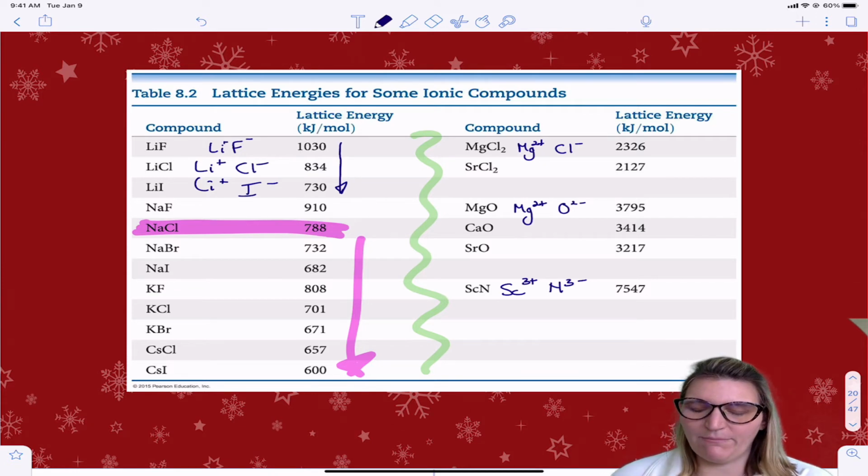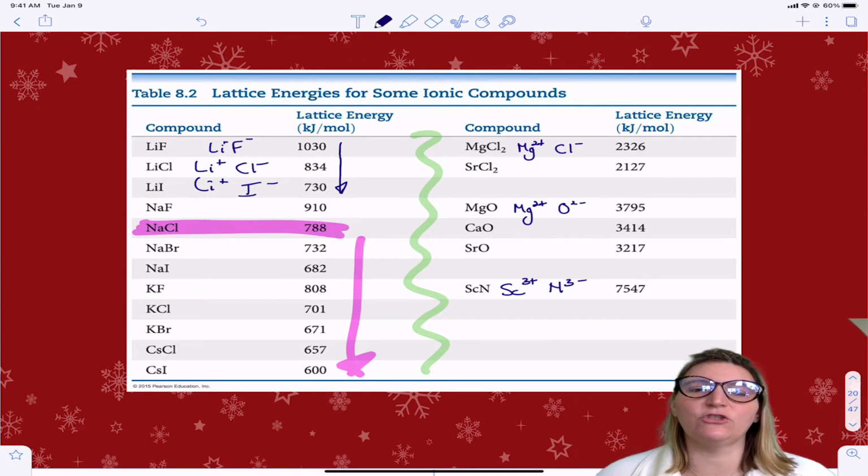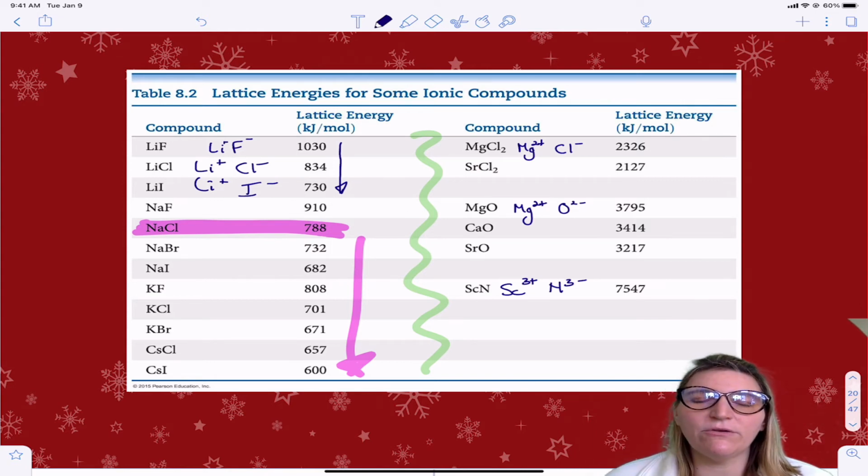Anytime we're talking about overcoming attraction, which is what lattice energy is, we need to think about the factors that influence attraction. And when we're talking about the electrostatic force, it's always Coulomb's law that plays a factor in how strong this electrostatic attraction is. Think about those two pieces of Coulomb's law. One is distance and one is size of charge.